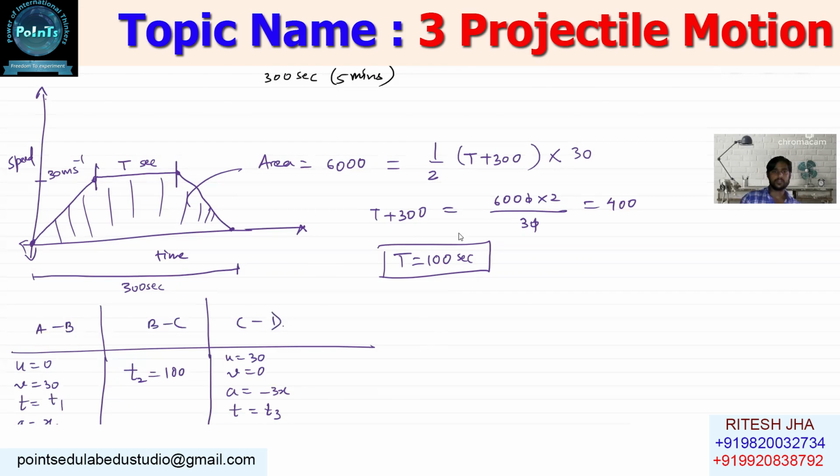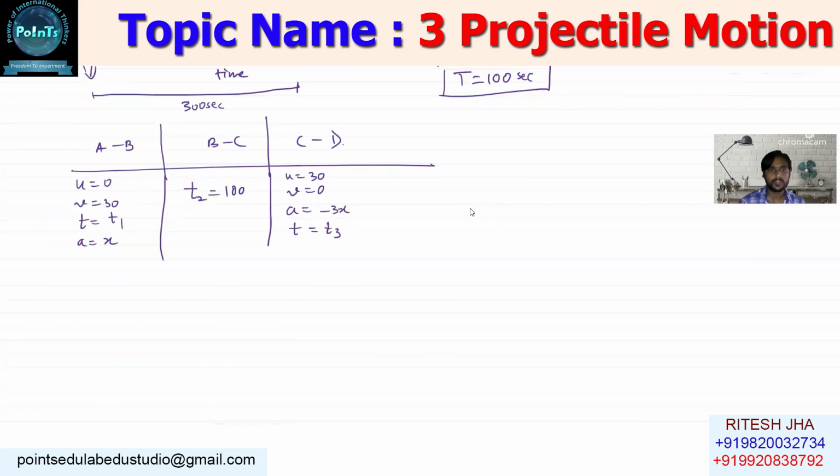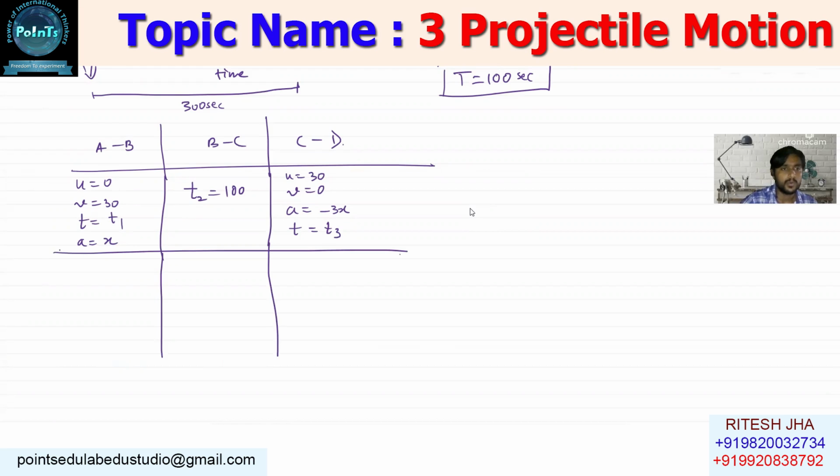So what formula can be used for the first part and the third part? We have u, v, a, and we need to find a, and we need to exclude t. So we need a formula that excludes t. We can write t is equal to v minus u over a.